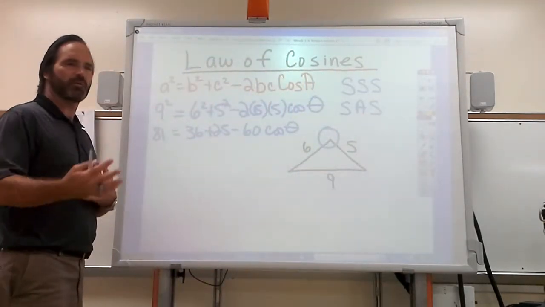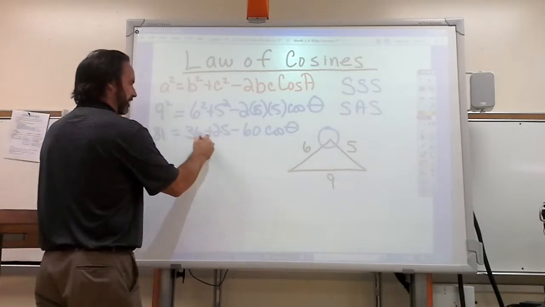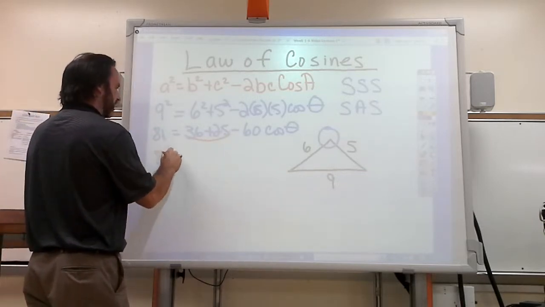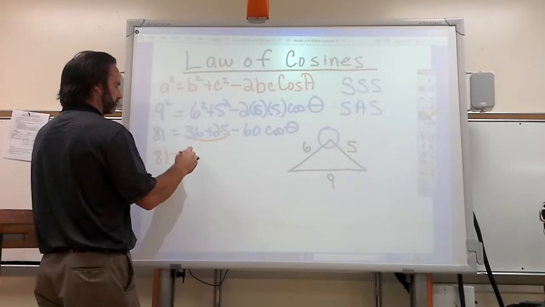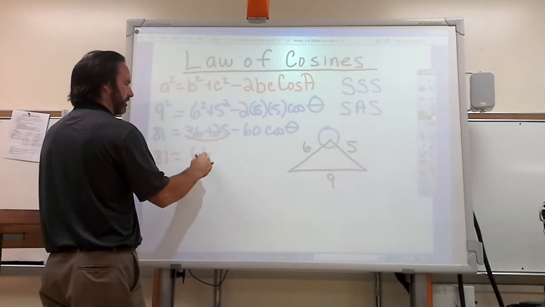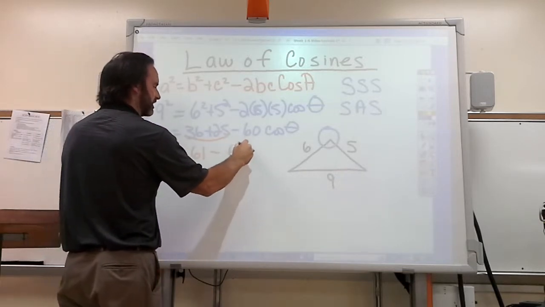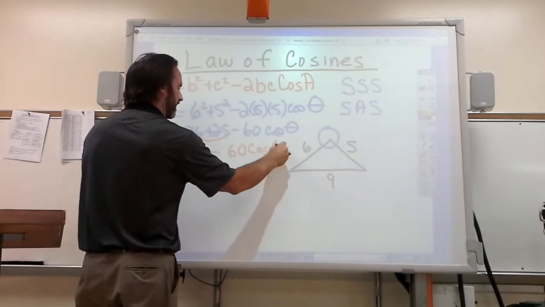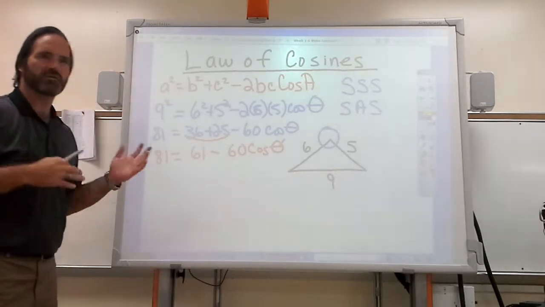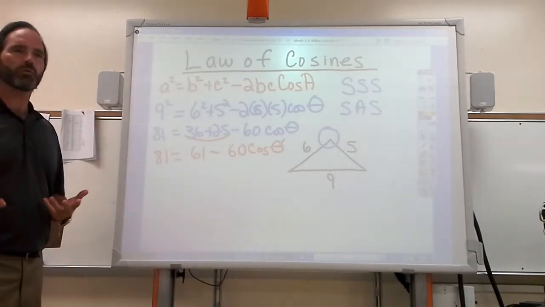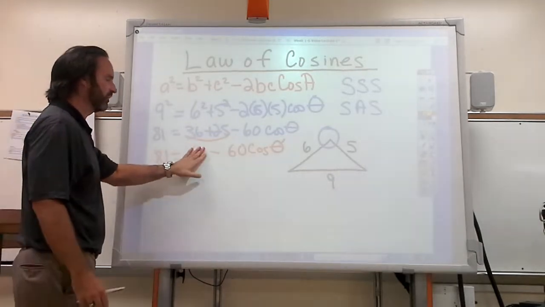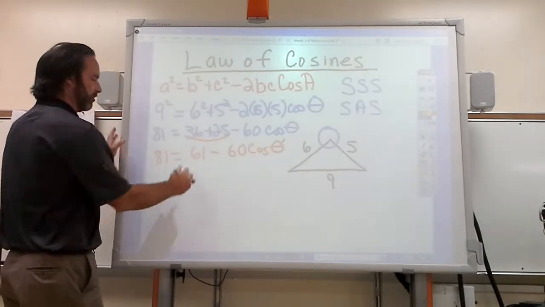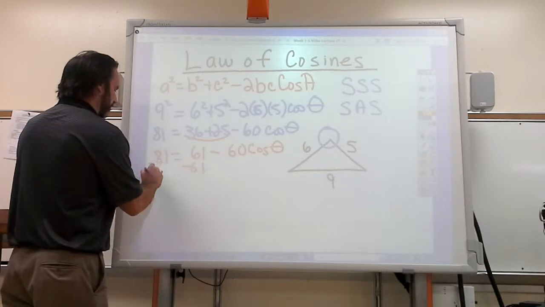Now you can simplify even more. Let's combine this right here. 81 equals 61 minus 60 times the cosine of theta. Now we simplify. Here's where we subtract. We're going to subtract this value, 61, from both sides.